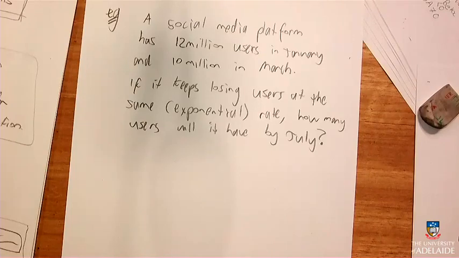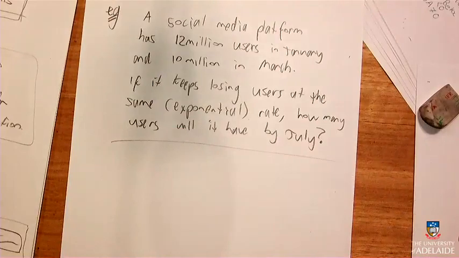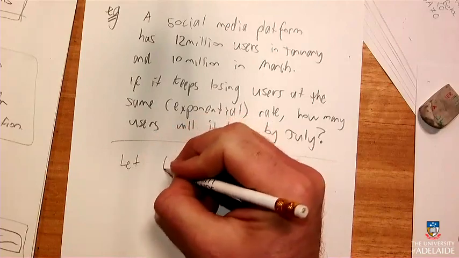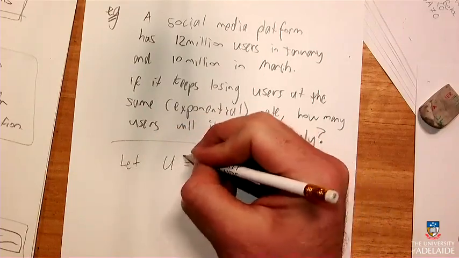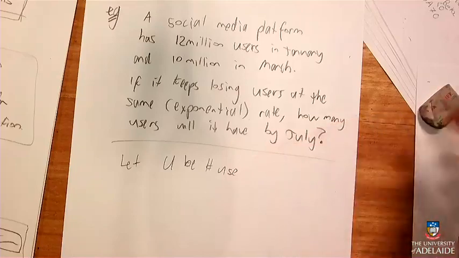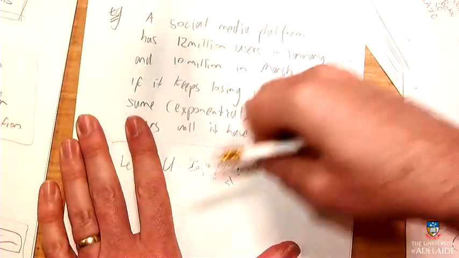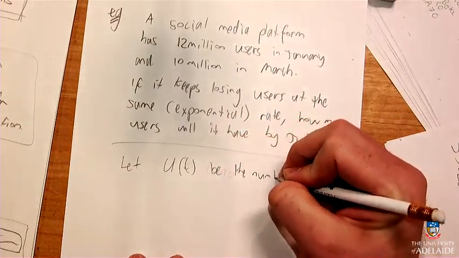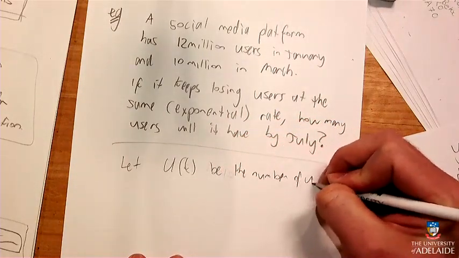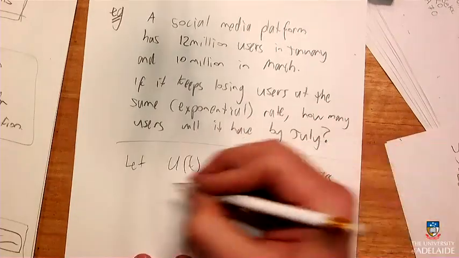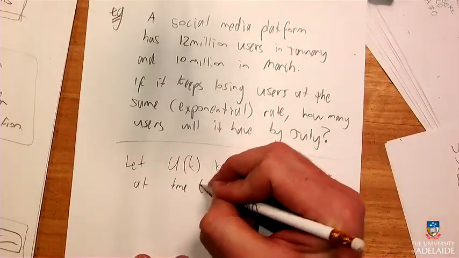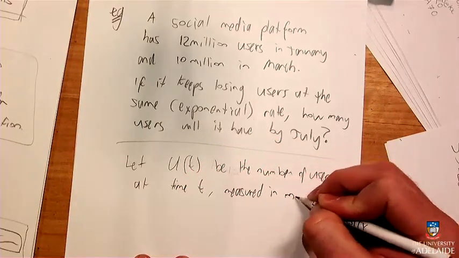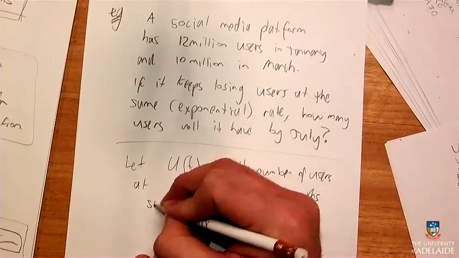Okay, so when you solve one of these, you need to tell the reader what your letters stand for. So let U(t) be the number of users at time t, measured in months since January.